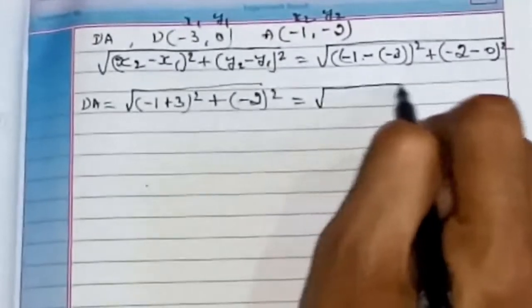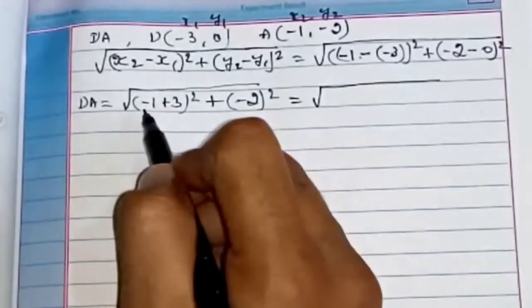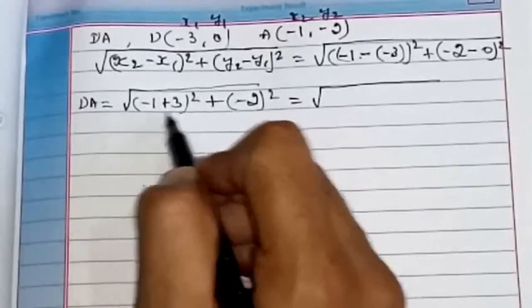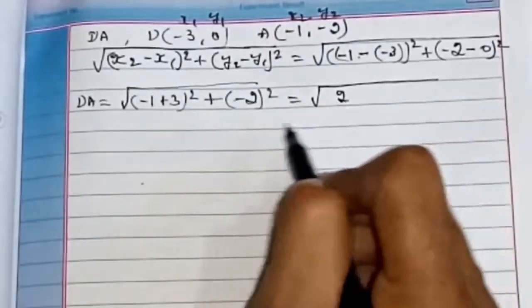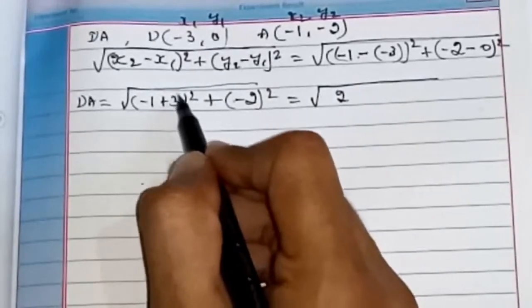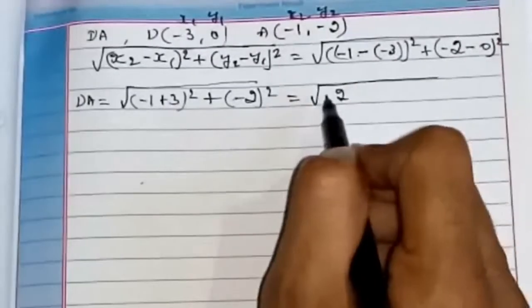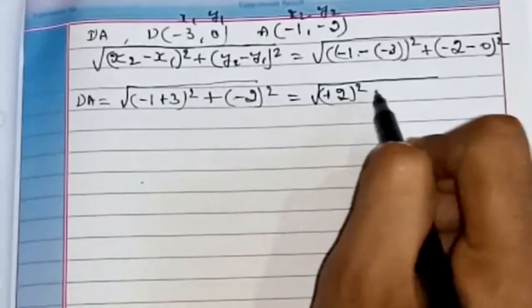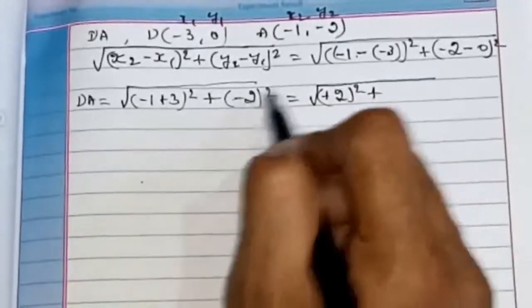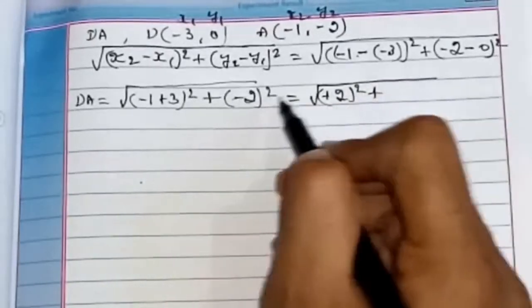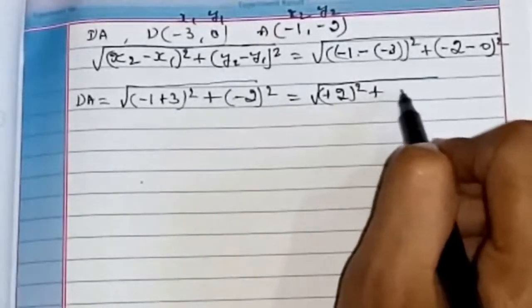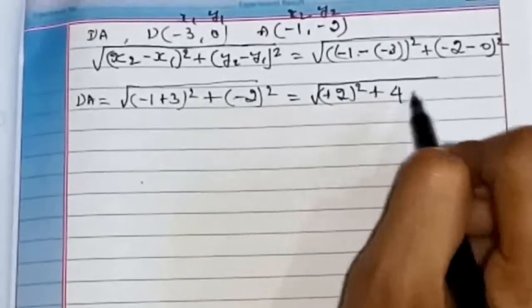That's equal to square root of, minus into plus is minus, you should subtract, so 3 minus 1 is 2, and take the sign of the biggest number, which is 3 and the sign is plus, so plus 2 whole square plus minus 2 square. Any minus square will be plus, so minus 2 square is plus 4, right?